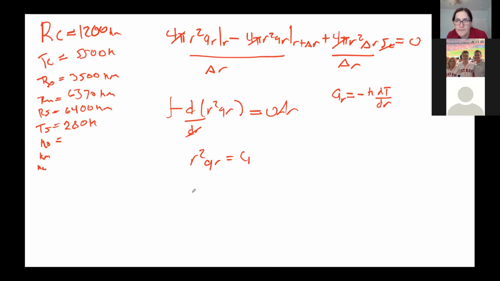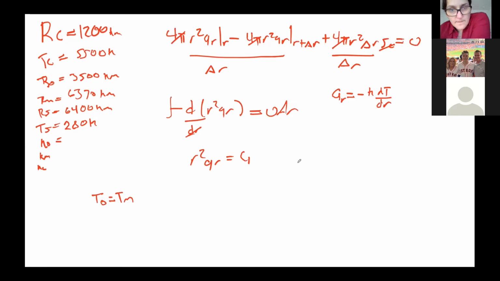Okay, so let me see if I'm understanding this correctly. So let's say on the boundary between the outer crust and the mantle, since those two are touching, they'll have the same thing.